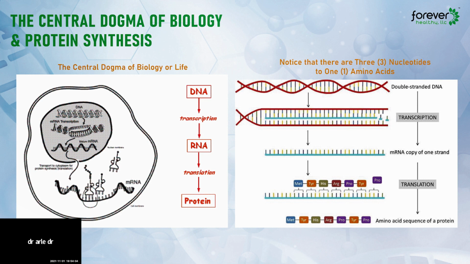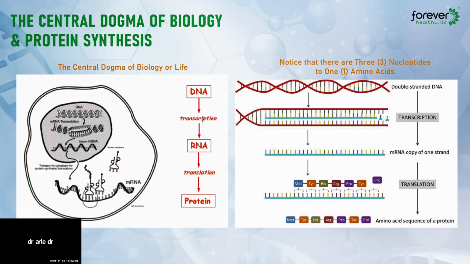It's translated. Notice there is Met, that's methionine, tyrosine, histidine, arginine, proline. These are the amino acids. And take note, 1 amino acid connects to 3 nitrogen bases. That's why, obviously, my dear friends, the sequence of the nucleotides or the nitrogen bases should be perfect, or else it may not attract the corresponding amino acid.